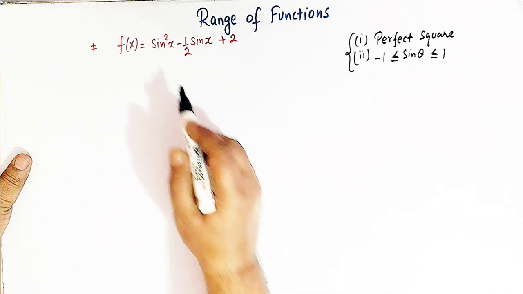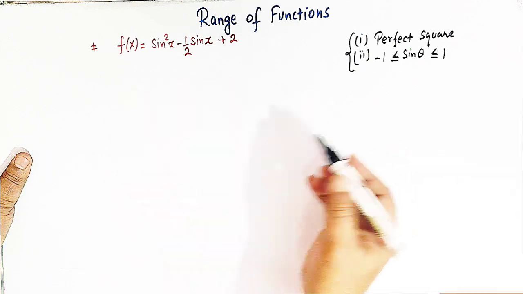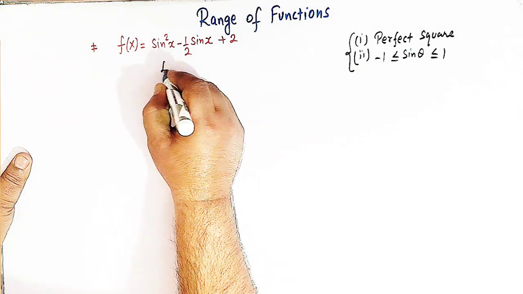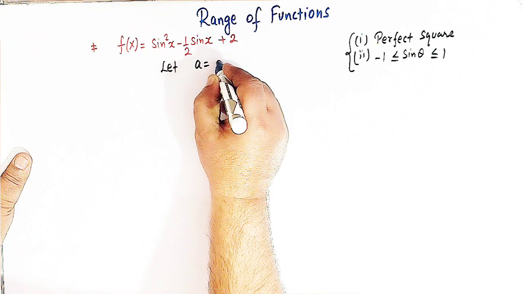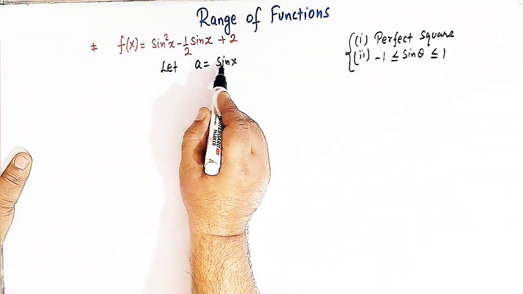So the first step is to convert this expression into a perfect square. For simplicity, let us first take a is equal to sine x.